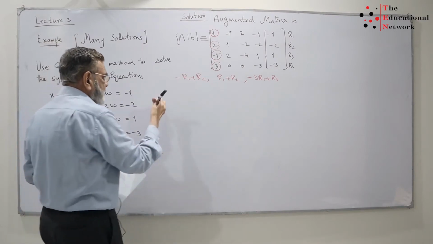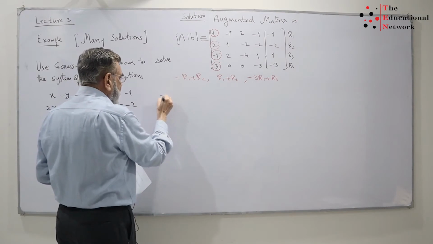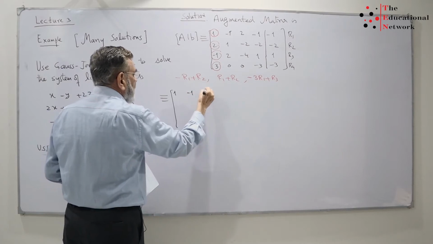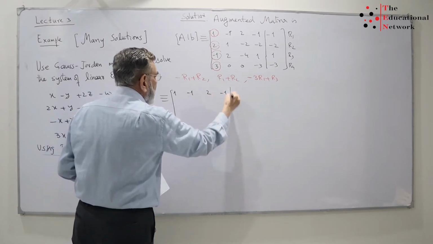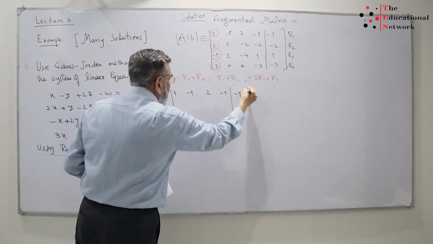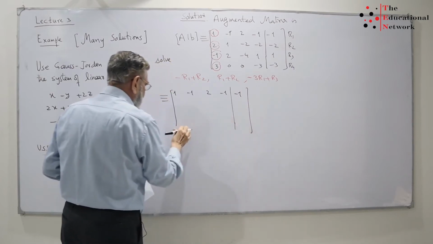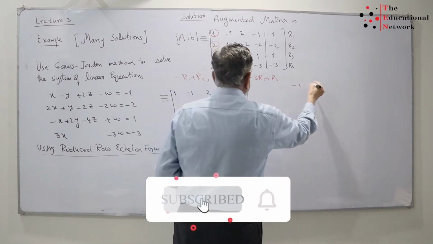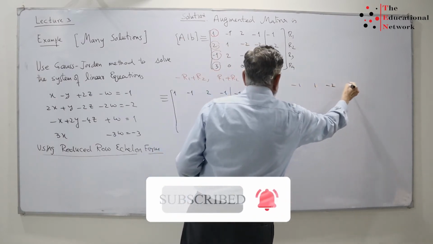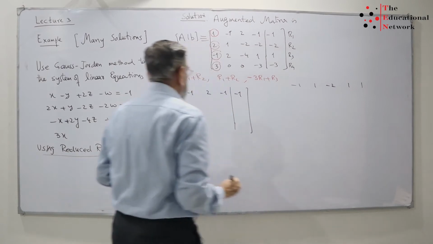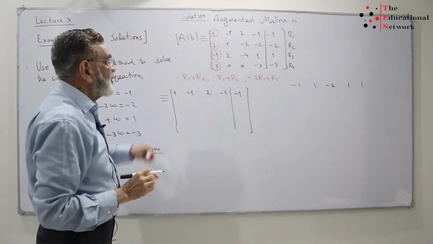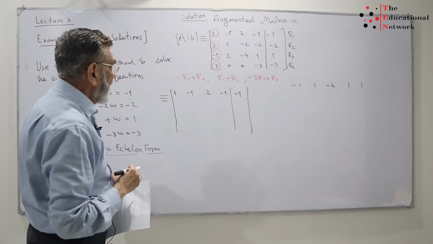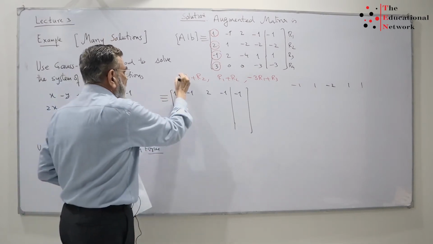Now let me write here, and we solve this one. So my first row remains unchanged. It's 1, -1, 2, -1, and -1. And the next one, I'm going to multiply by -1. Multiply R1 by -1, I get -1, 1, -2, 1, 1. Then the row 2, I just add it. Oh, sorry, I have to multiply this by -2.